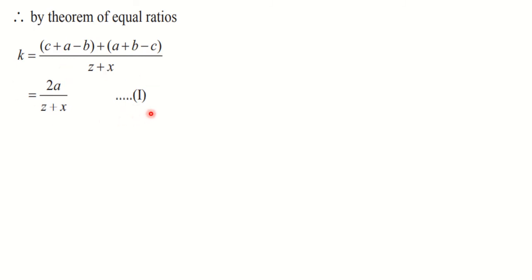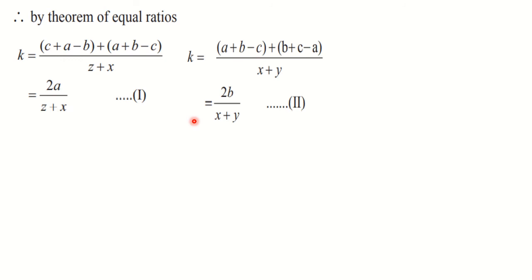Okay, I have applied the theorem on equal ratios once. Now I will again apply it. Okay. Now what do I want? x plus y. So the numerator above x I will write first plus the numerator above y I will write second. Again you will find the cancellations will be there, plus a and minus a. Got it?